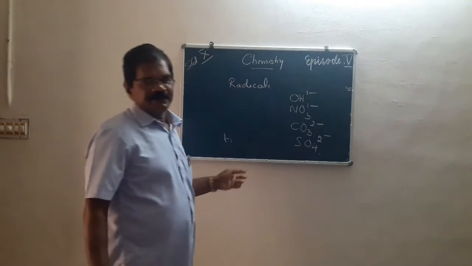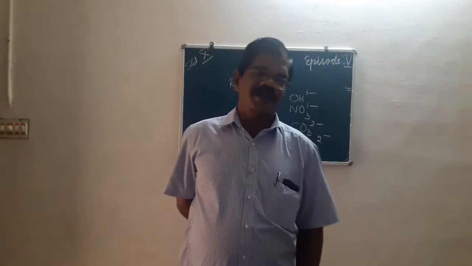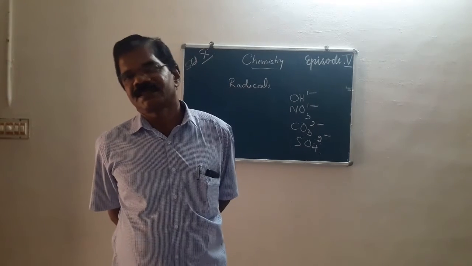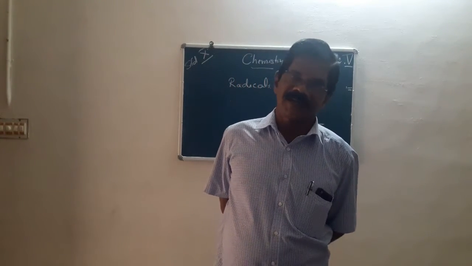Then some metals or some elements. By studying the periodic table, you understand the position of the elements, and if we know the position of the elements, we can predict the valency.